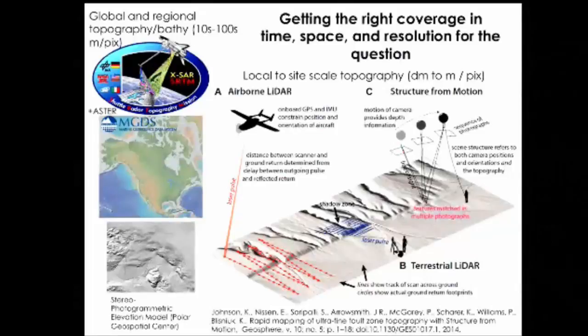We start to see widespread moderate resolution, about 5 meters per pixel, stereo photogrammetry from space led by the Polar Geospatial people. These are folks at the University of Minnesota, and they're really big on using digital globes, the data you might see in Google Earth, in stereo, to produce digital elevation models of polar environments.